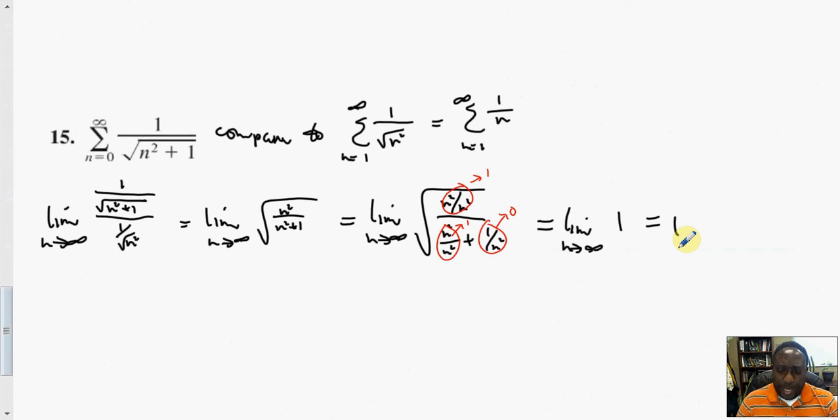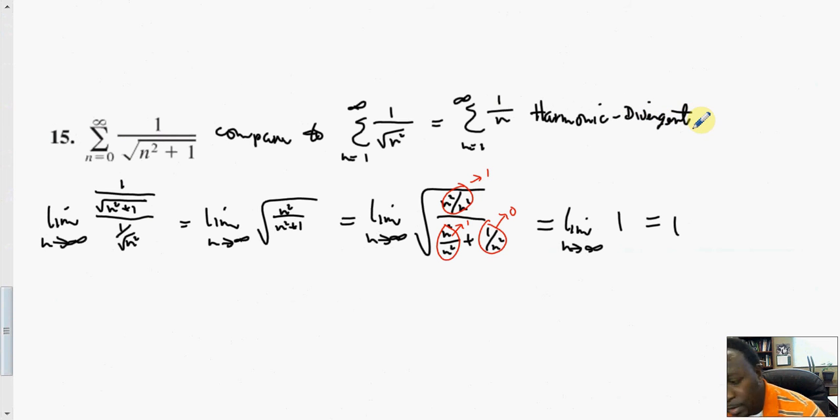Well, the key is that the limit that you get is finite and positive. And if that be the case, remember, this guy right here is divergent, right? This is harmonic. This guy is divergent.